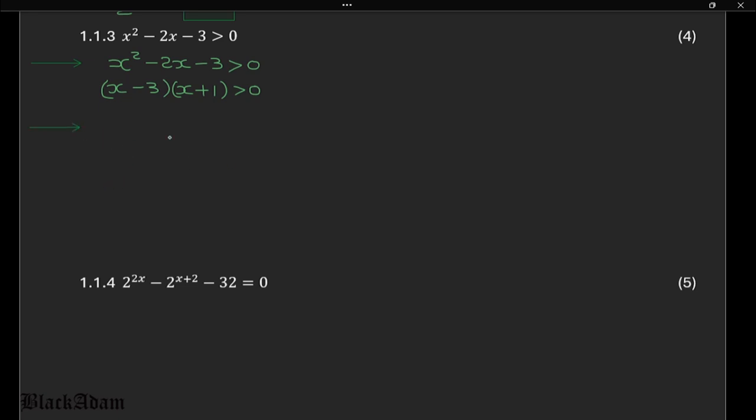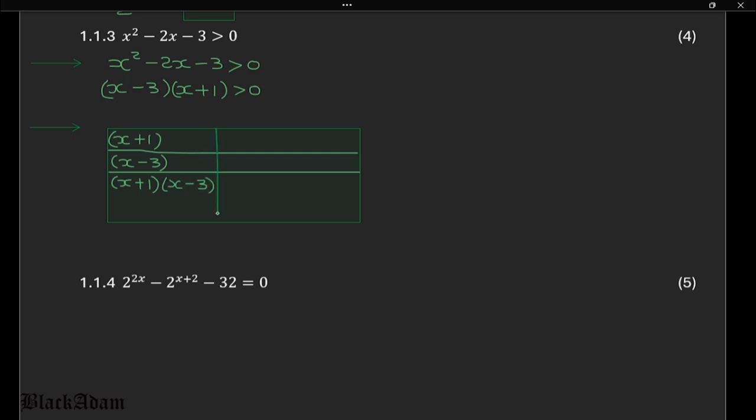And then we have the factors there, which is x plus 1 to give us negative 1, and x minus 3 to give us 3. And then we have the product, which is x plus 1 multiplied by x minus 3.